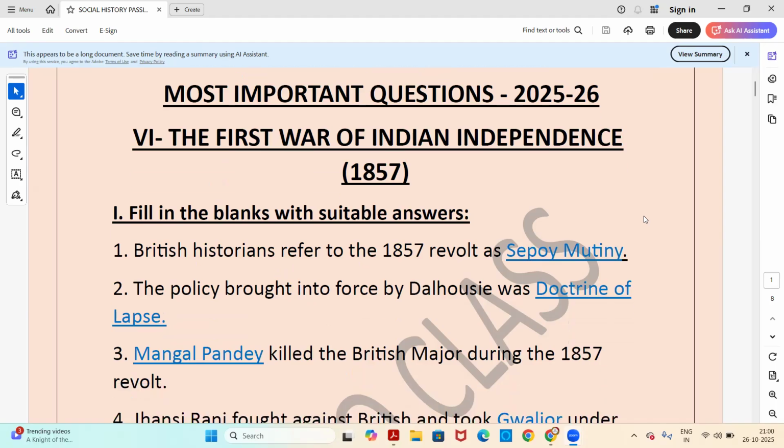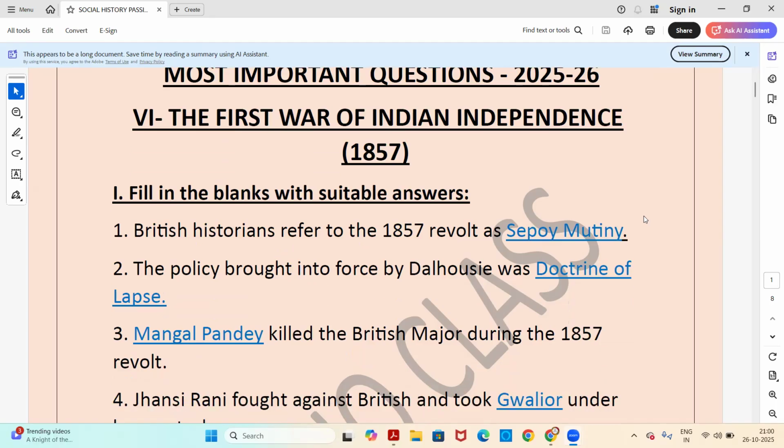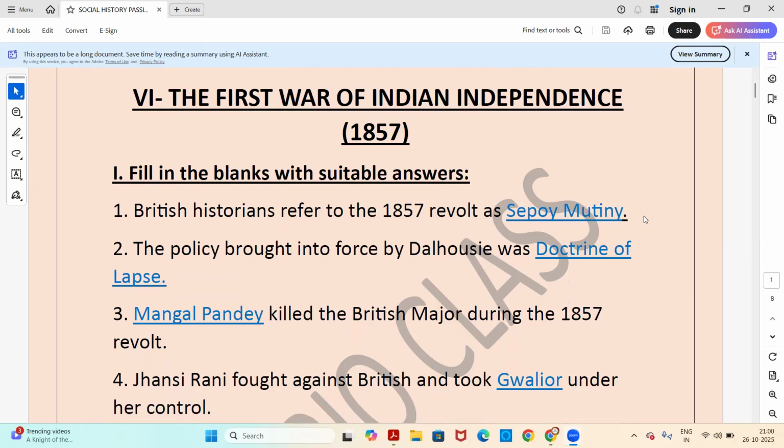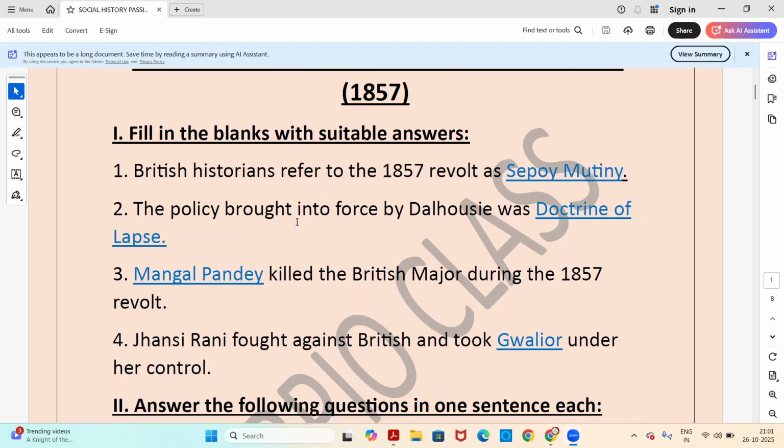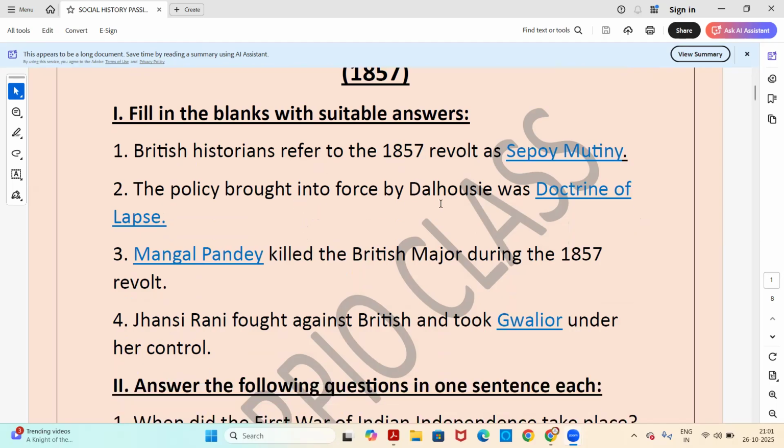Now let's get started with the first main, that is fill in the blanks from this chapter. British historians refer to the 1857 revolt as dash, Sepoy mutiny. The policy brought into force by Dalhousie was dash, doctrine of lapse.